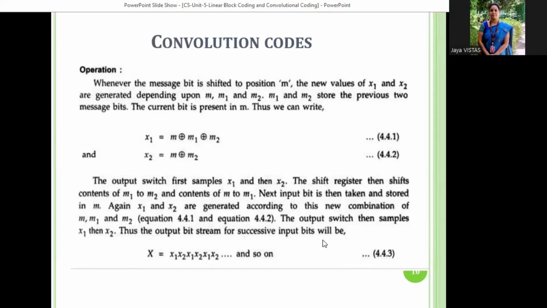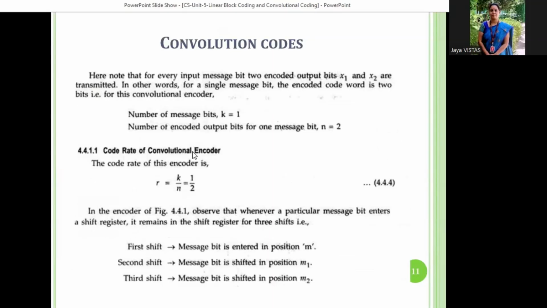Thus the output stream will be X1, X2, X1, X2 and X1, X2, as shown. So these are the outputs. For an input bit, two encoded bits X1 and X2 are transmitted. So for a single message bit, the code word is 2 bits in the convolutional encoder.